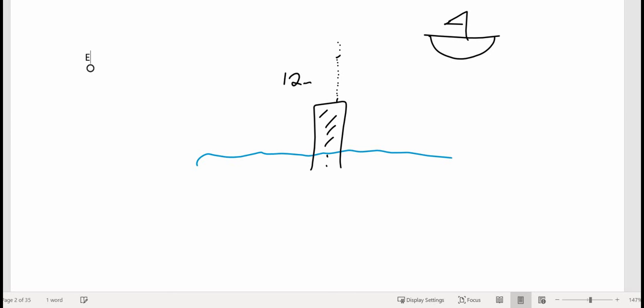And he went for 12 miles. And then he turned, made a 90-degree turn, went due east, and he went for 15 miles. Question is, how far from the dock is he?